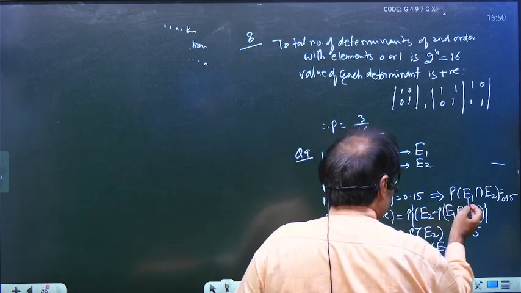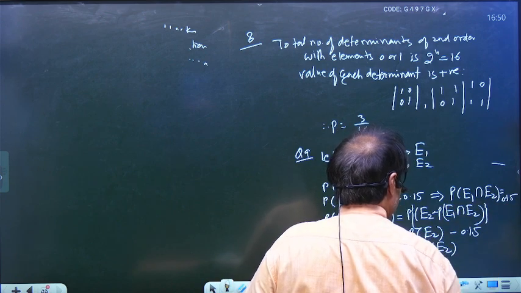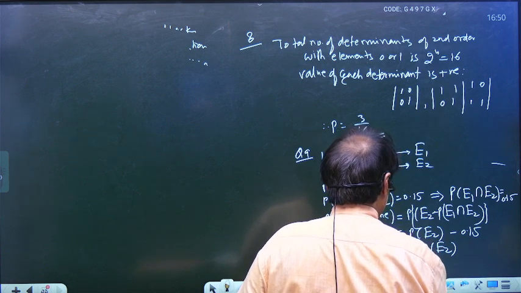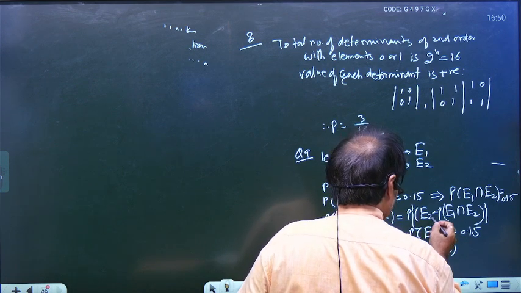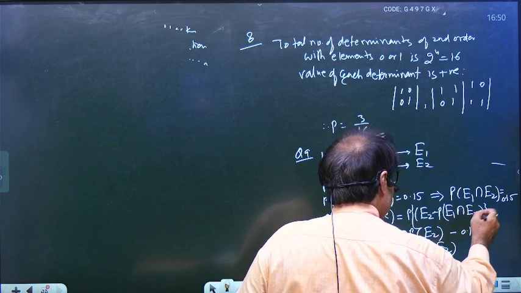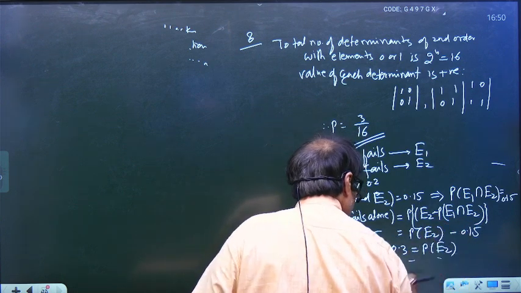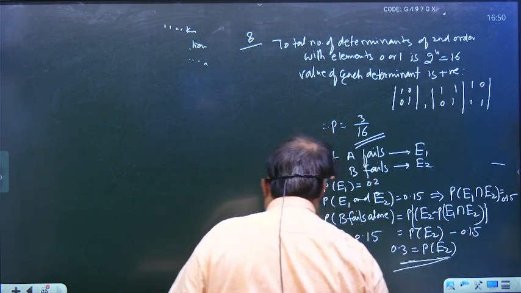So B fails alone is probability of E2 minus probability of E1 intersection E2, and substituting the value, probability of E2 we got 0.3.